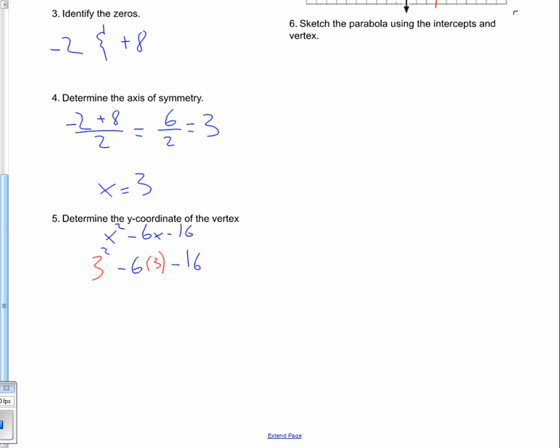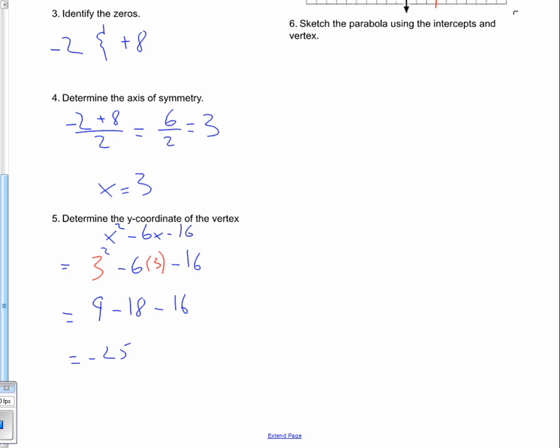minus 16. Okay, and so this is going to give me 9. Negative 6 times positive 3 gives me negative 18. And then again another negative 16. So if I quickly add those things together, it gives me 9 minus 18 minus 16, which should give me negative 25.